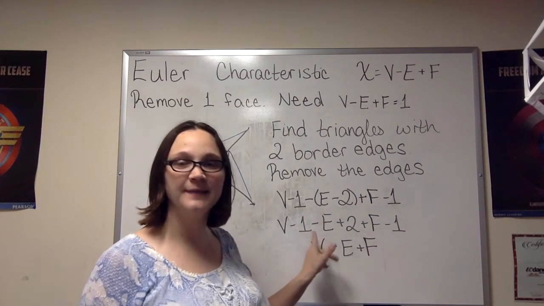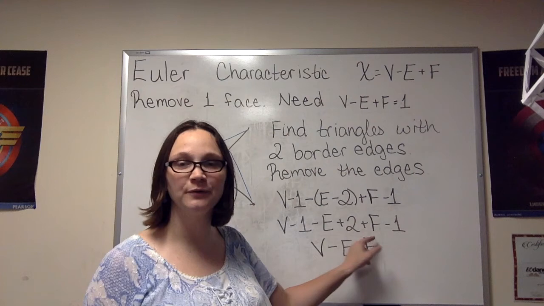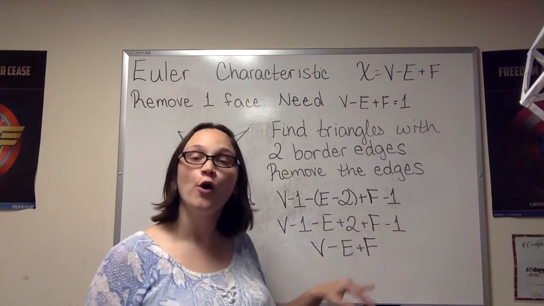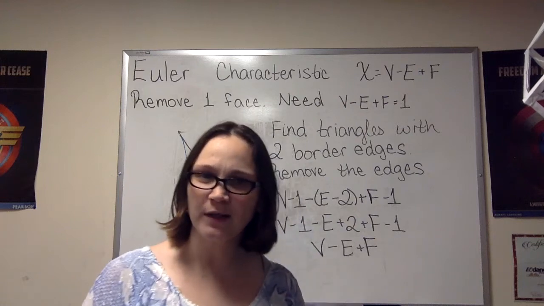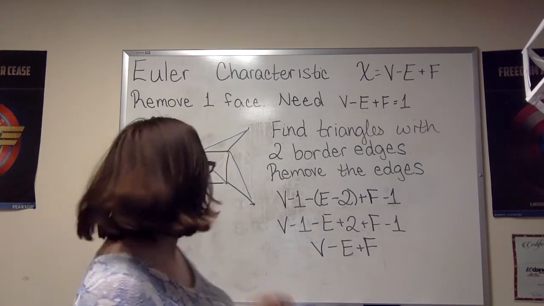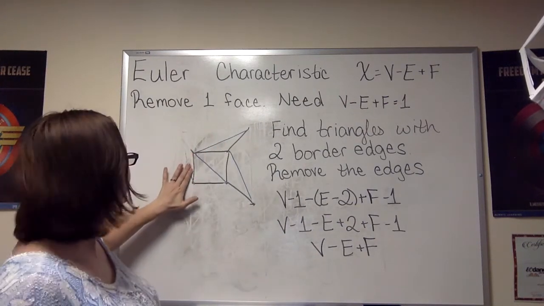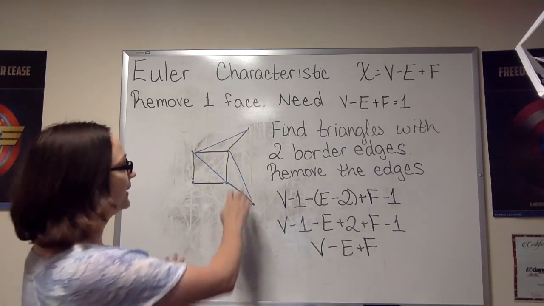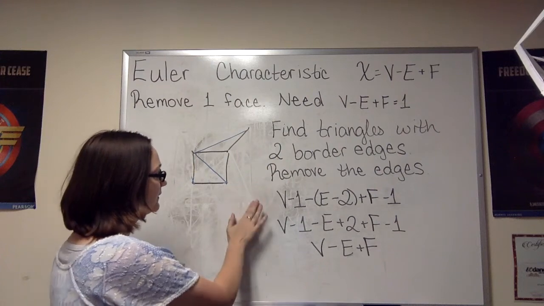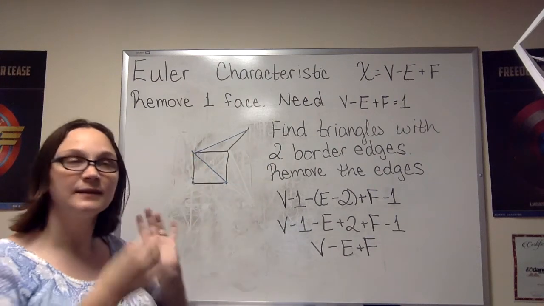Distributing, I have v minus 1 minus e plus 2 plus f minus 1, or v minus e plus f. So once again, I didn't change the Euler characteristic. And I'm going to keep going. One by one, I'm going to slowly find each of these triangles and erase them.